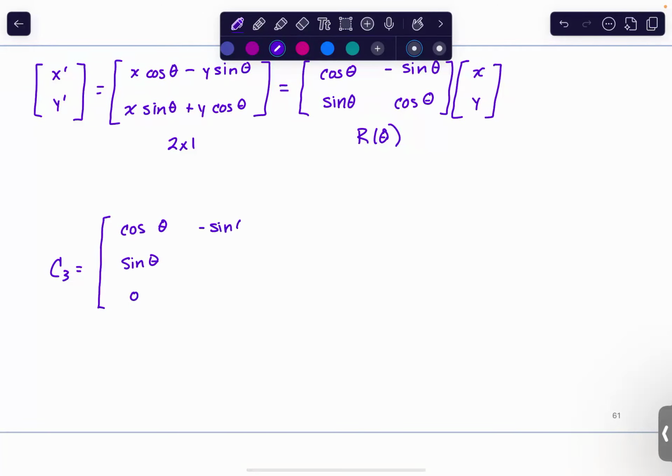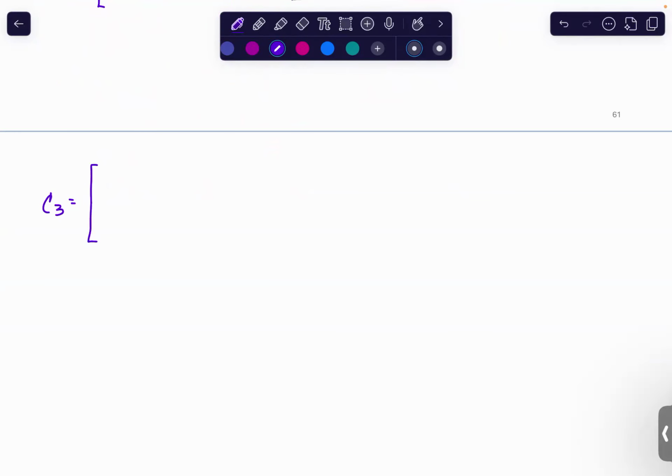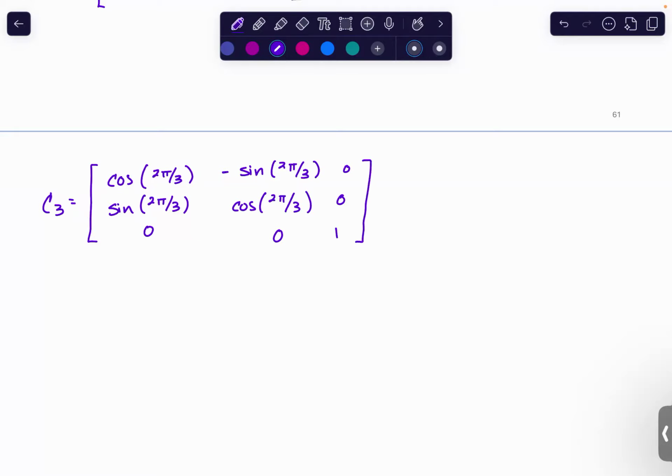Okay, so usually what we then will denote the actual C3 matrix as cosine 2 pi over 3, sine 2 pi over 3, 0, negative sine 2 pi over 3, cosine 2 pi over 3, 0, and then 0, 0, 1. Because we already know what theta is for C3.